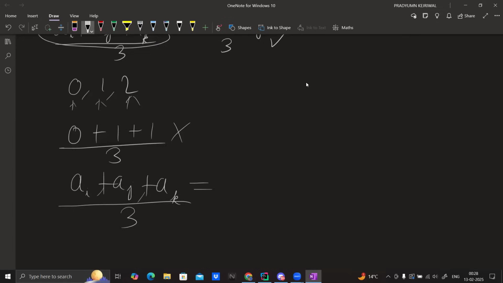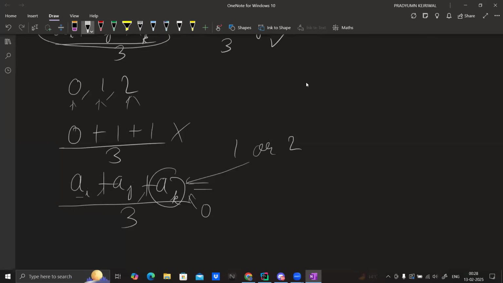Since there are multiple mods, suppose this AK is 0 mod 3. Then I will just find a number which is not 0 mod 3, either 1 or 2, and I'll replace it with AK.